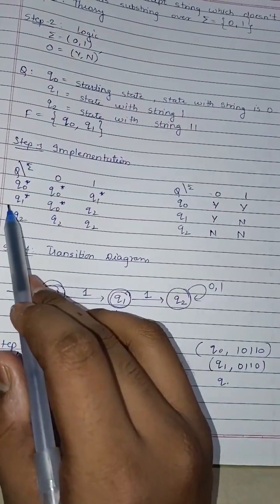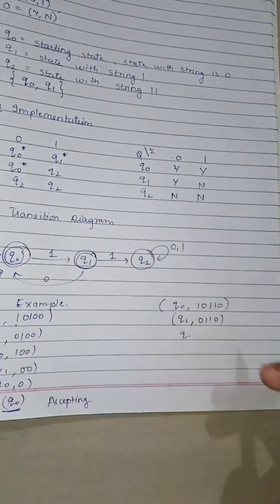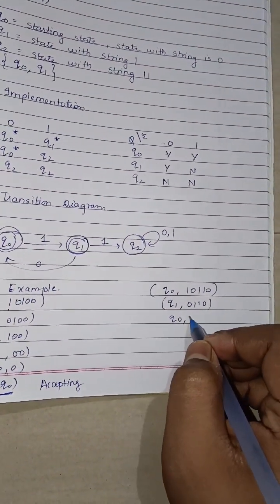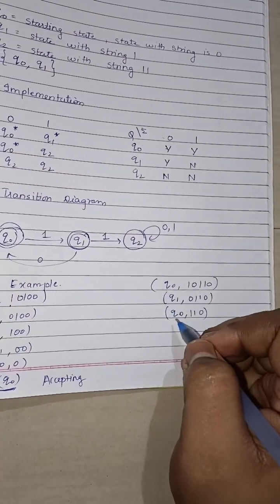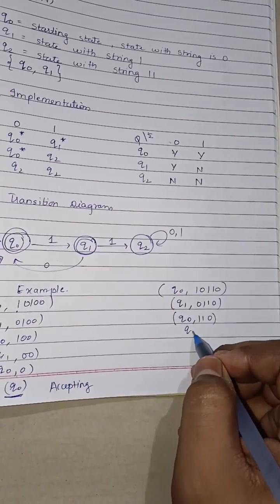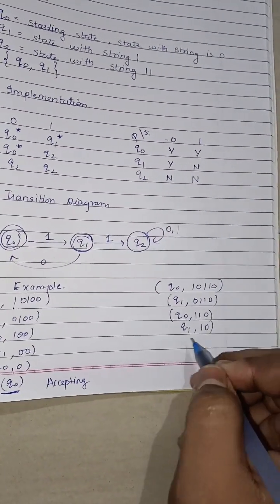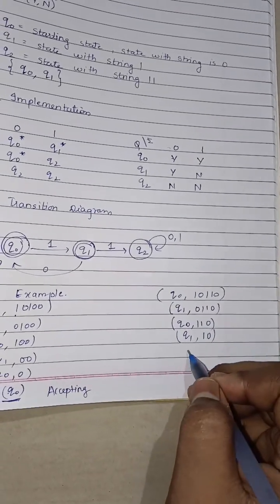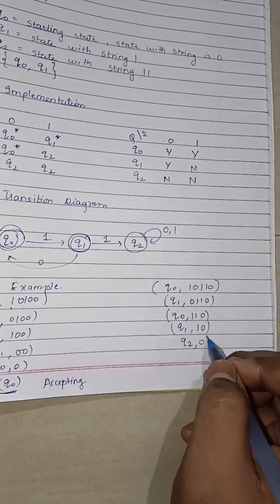When Q1 receives 0, it is going to Q0. I am writing Q0 110. When Q0 receives 1, it is going to Q1, remaining 10. When Q1 receives 1, it is going to Q2.